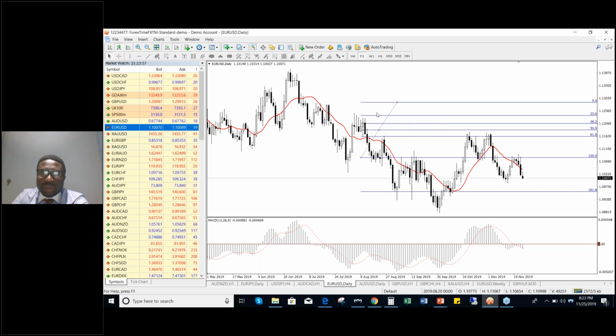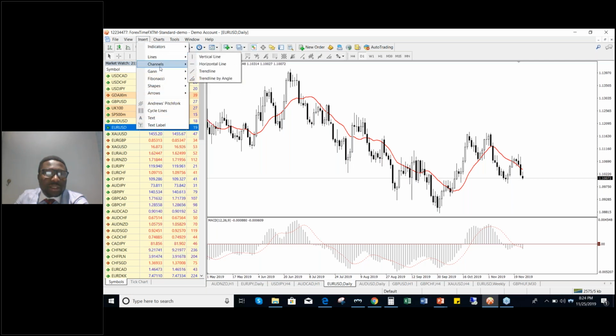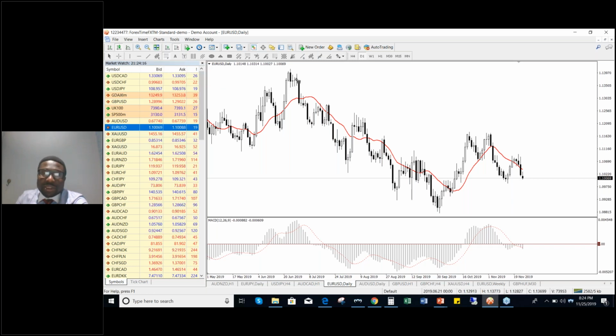I go to Insert, then Fibonacci, then I select Retracement. When I pick it, you see my cursor has changed. It has a plus sign with some lines under. That is the Fibonacci tool.